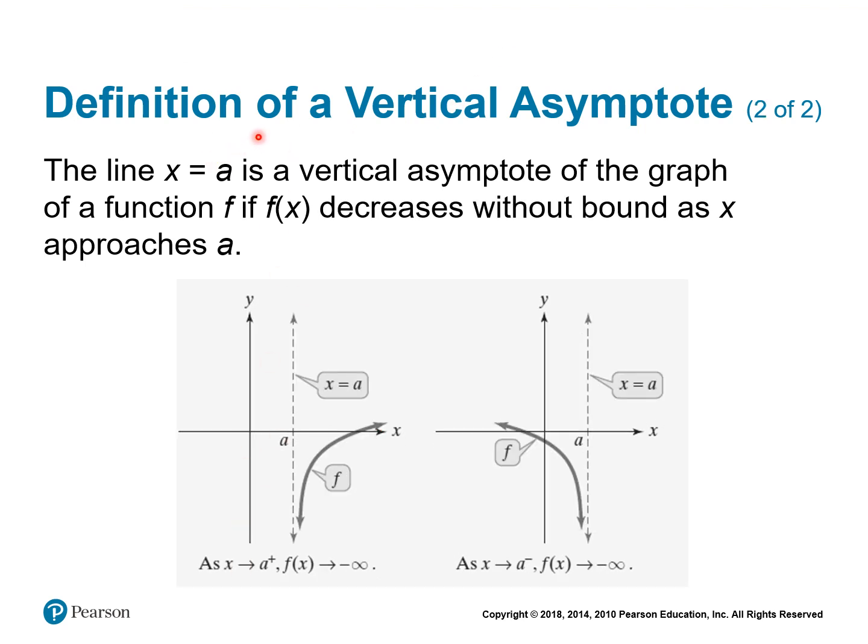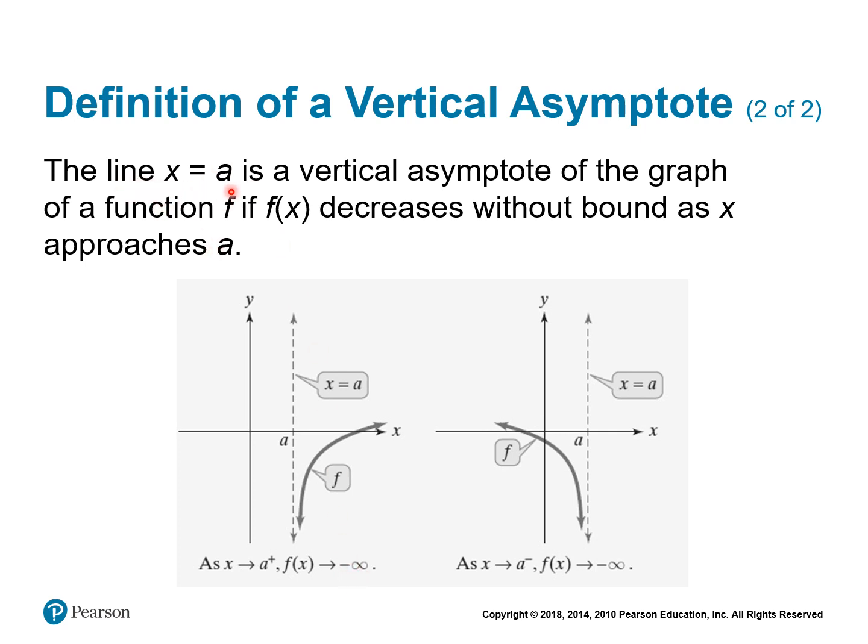Now in the previous slide, we saw that the graph was rising along the asymptote to positive infinity. In this slide, they have presented a different scenario where the graph falls. The function decreases, which means the graph falls unbounded on the negative side towards negative infinity. Let's read this.